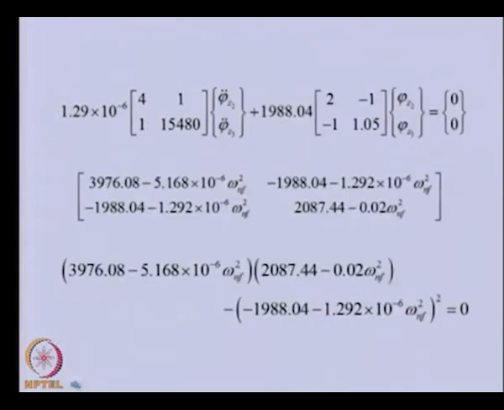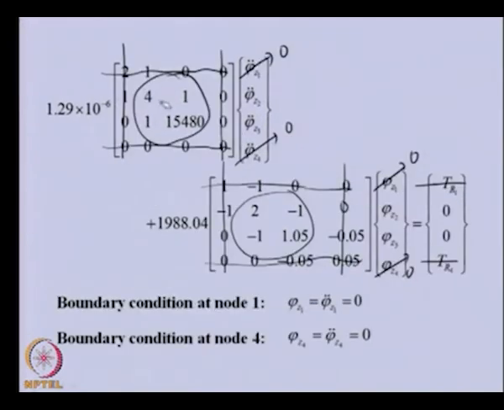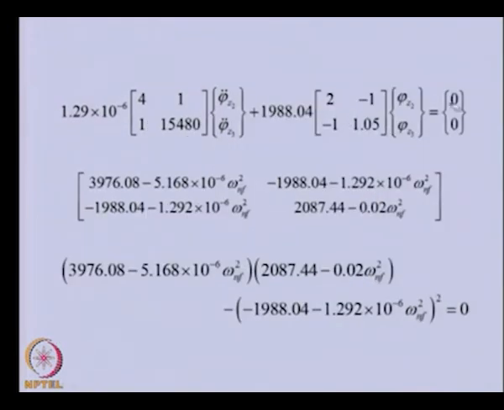If we write them separately, this is the reduced form of the equation. After deleting rows and columns, this is the mass matrix, this is the stiffness matrix, and the right hand side is 0. Now for free vibration we can convert this particular term into minus m omega square times the angular displacement, and this will be common.